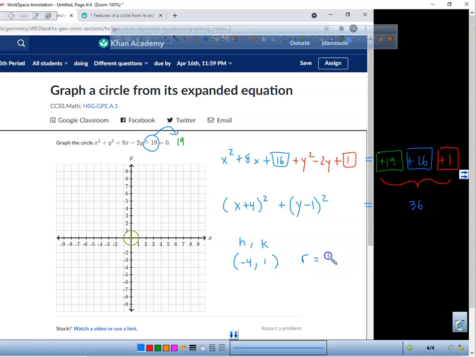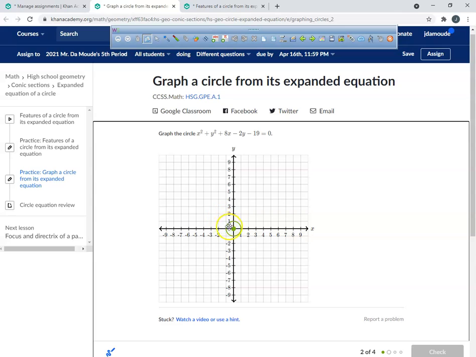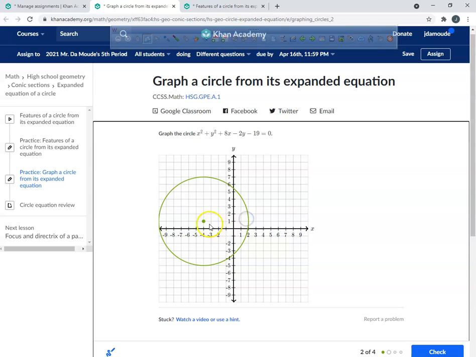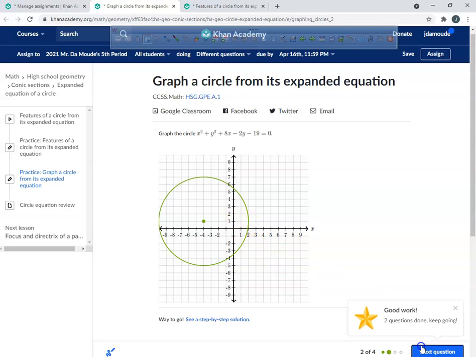And my radius is 6. So negative 4, 1, and a 6. Negative 4, 1, and my radius has to be 6 units long. 1, 2, 3, 4, 5, 6. There we go.